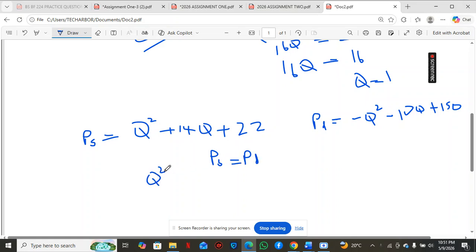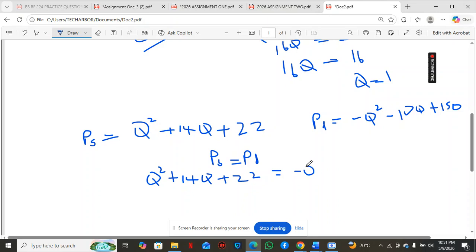So you're going to say q squared plus 14q plus 22 equals negative q squared minus 10q plus 150.